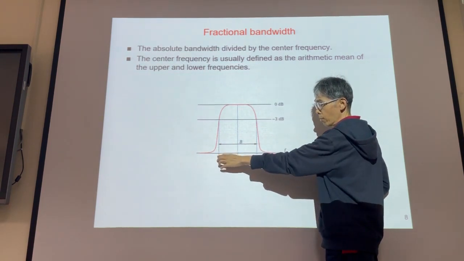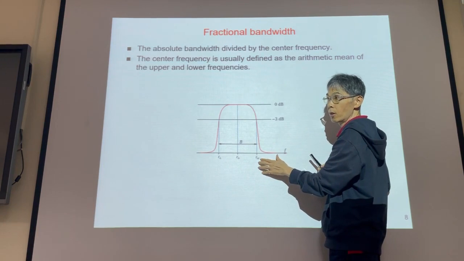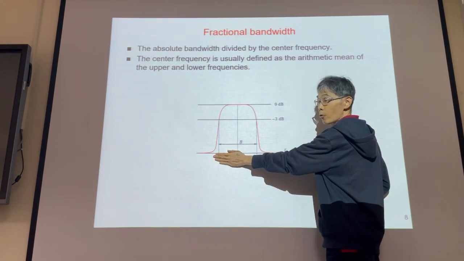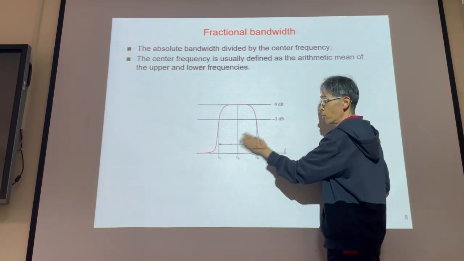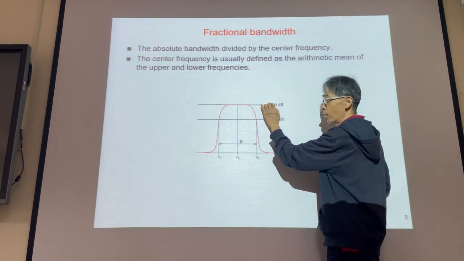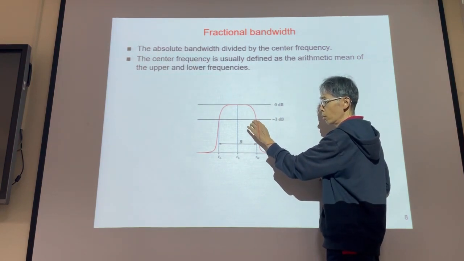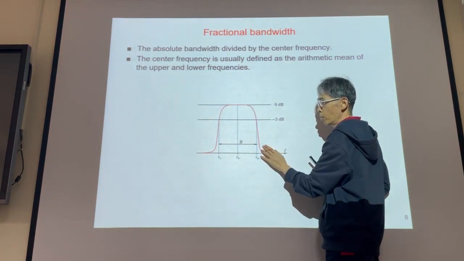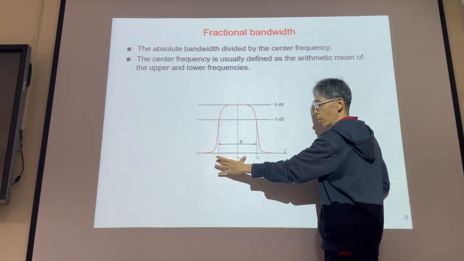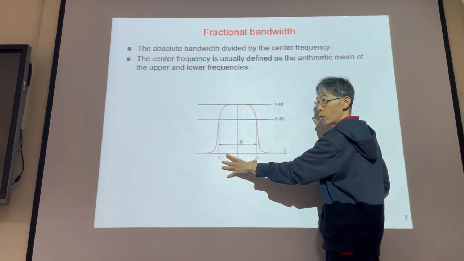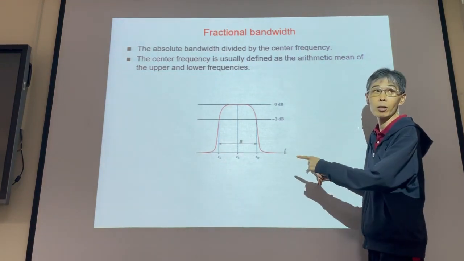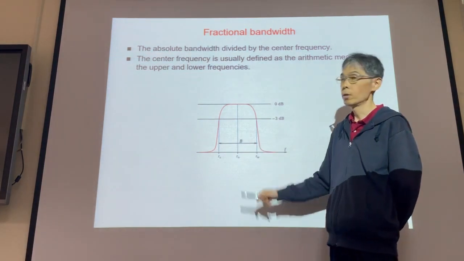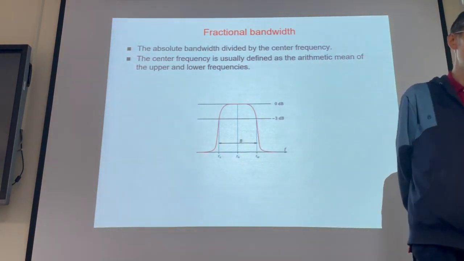You can get frequency FL and FH. So this is the definition of how to get the low frequency and high frequency: from 0 dB, you lower by 3 dB, you intersect 2 points of this frequency response curve, and use these 2 points to get FL and FH. Okay, Leo, do you follow me? So this is the bandwidth, and this is the method to calculate bandwidth.